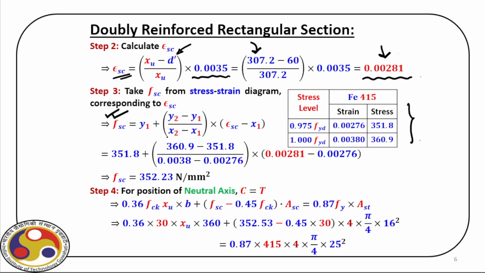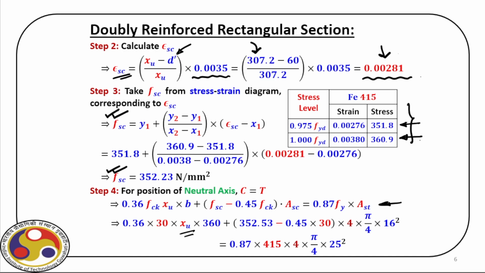For that, we have done an interpolation between the two values here, as you can see. Ultimately we get the stress in the compression steel, which is 352.23 Newton per millimeter square. Now, once we find this stress, we can revisit the equation for XU by equating C and T again, and find the value of XU.